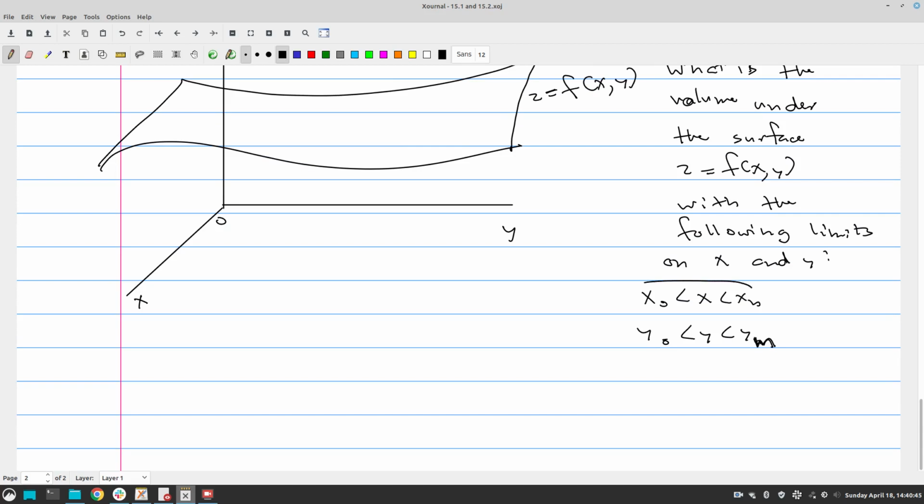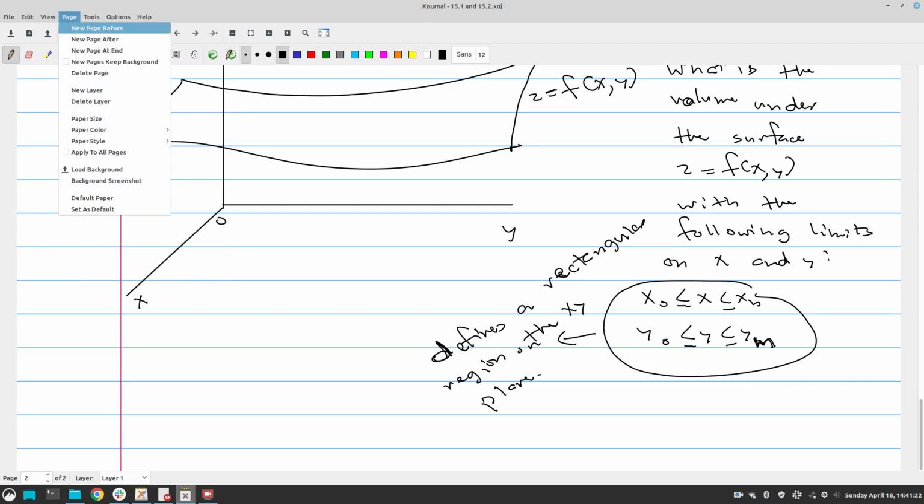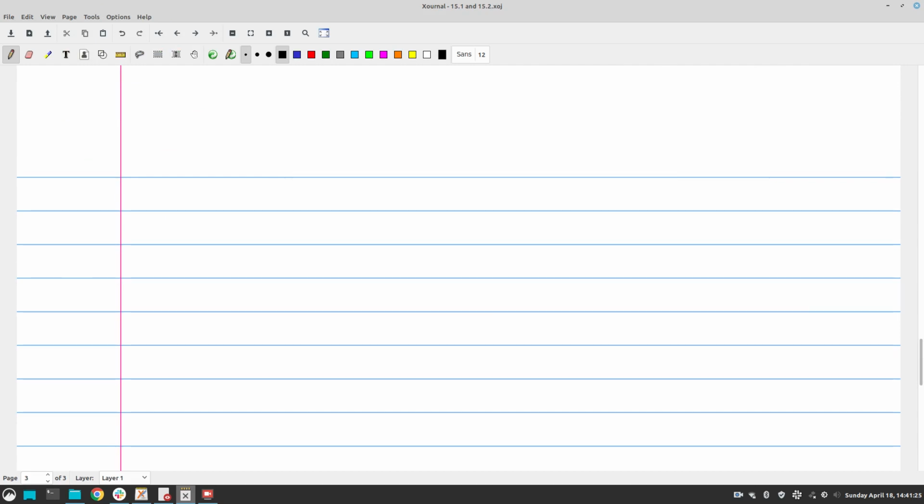So this defines a rectangular region on the xy plane, right? So let's look at this region. Let's look at the xy plane now.